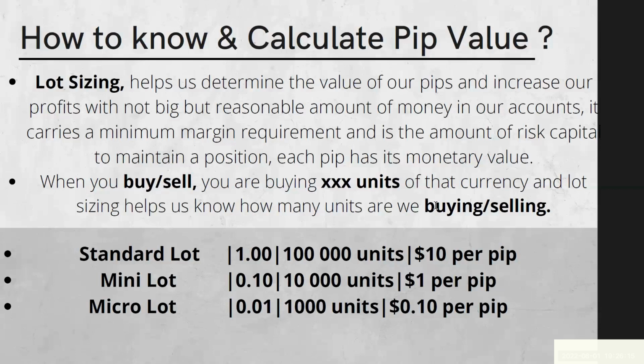To determine how much that 10 pip profit or loss is, each and every pip out of that 10 is worth a single dollar. Then you take those 10 pips and multiply that by 1. That means if you used a mini lot, or bought 10,000 units of Euro USD, you would have made $10.